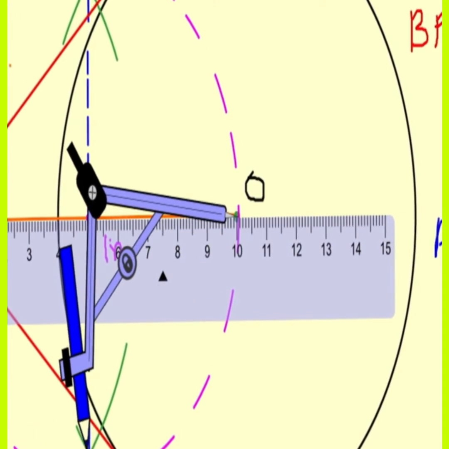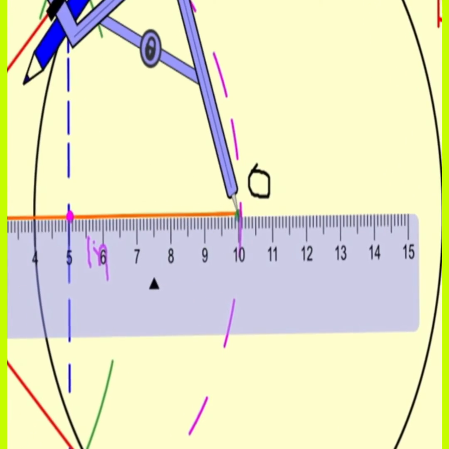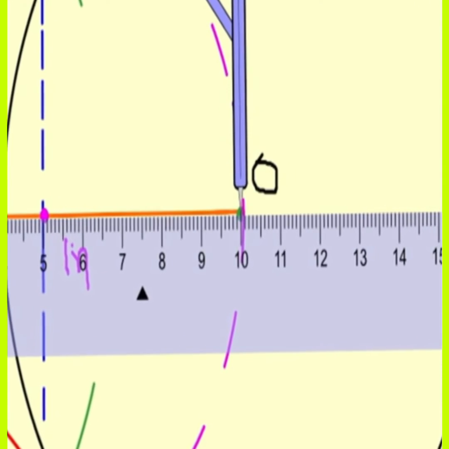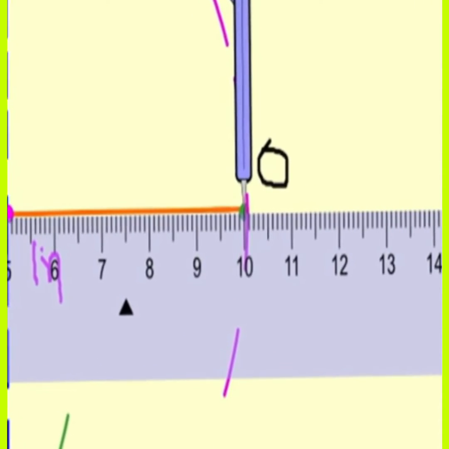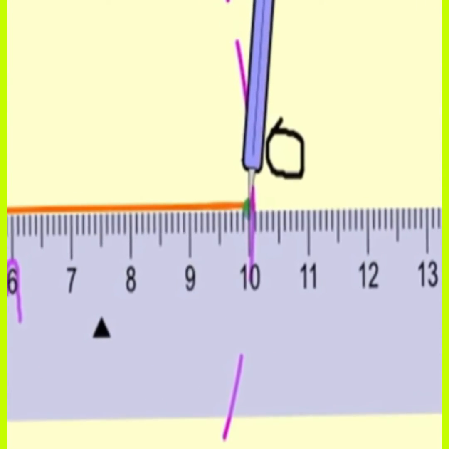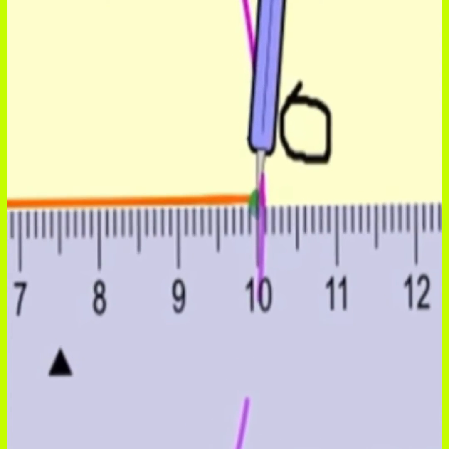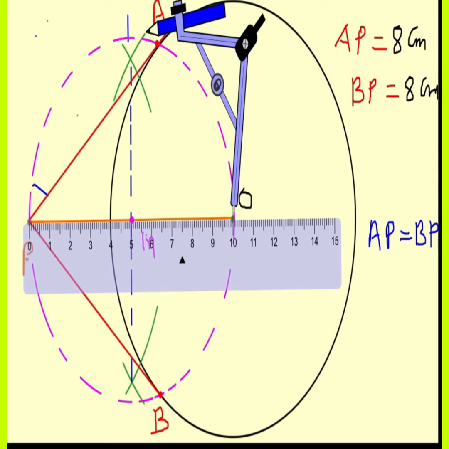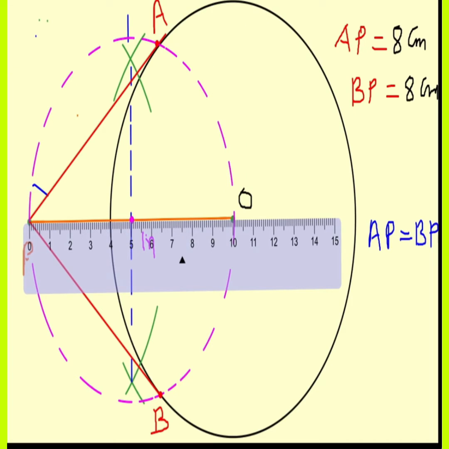This is the first arc and this is the second arc. So these two arcs will intersect at points, let us mark these points as X and Y. This is X and this is point Y.